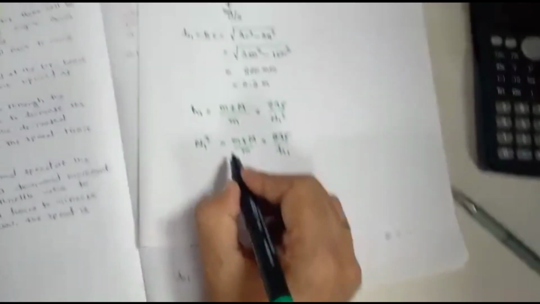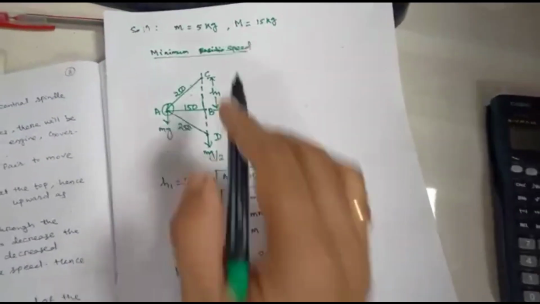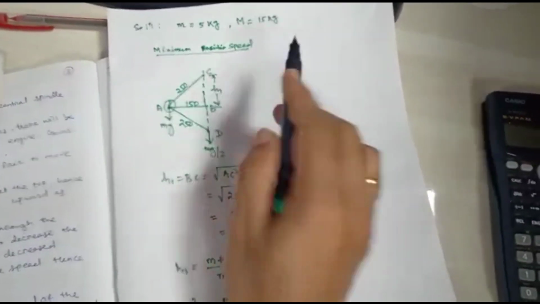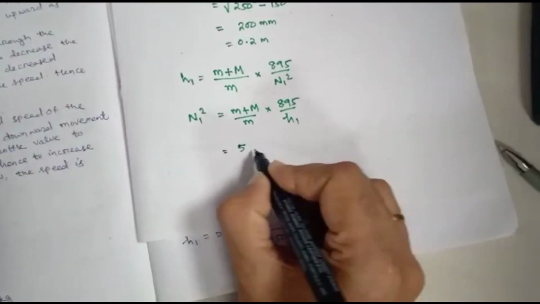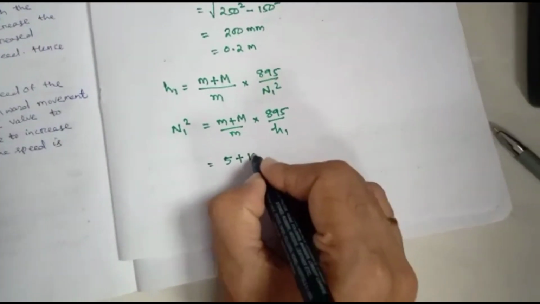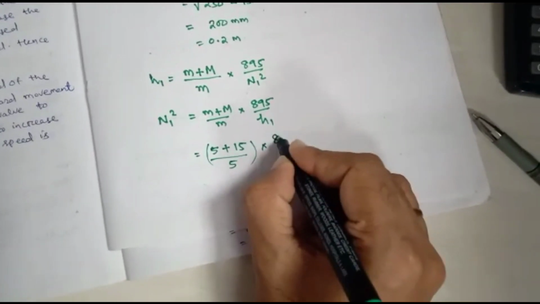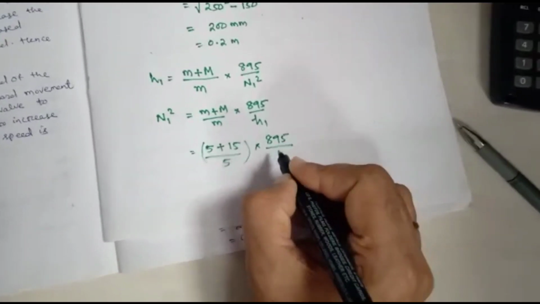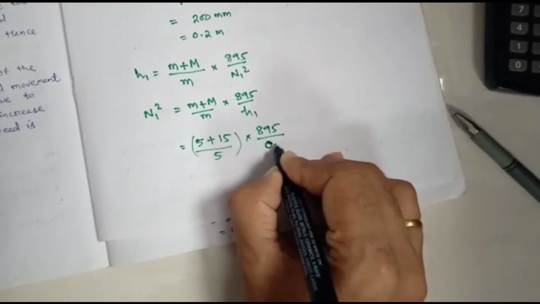We are having the data: small m is 5 kg, capital M is 15 kg. So put the value now: 5 plus 15 divided by 5 into 895 by H1. H1 is given 0.2 meter.